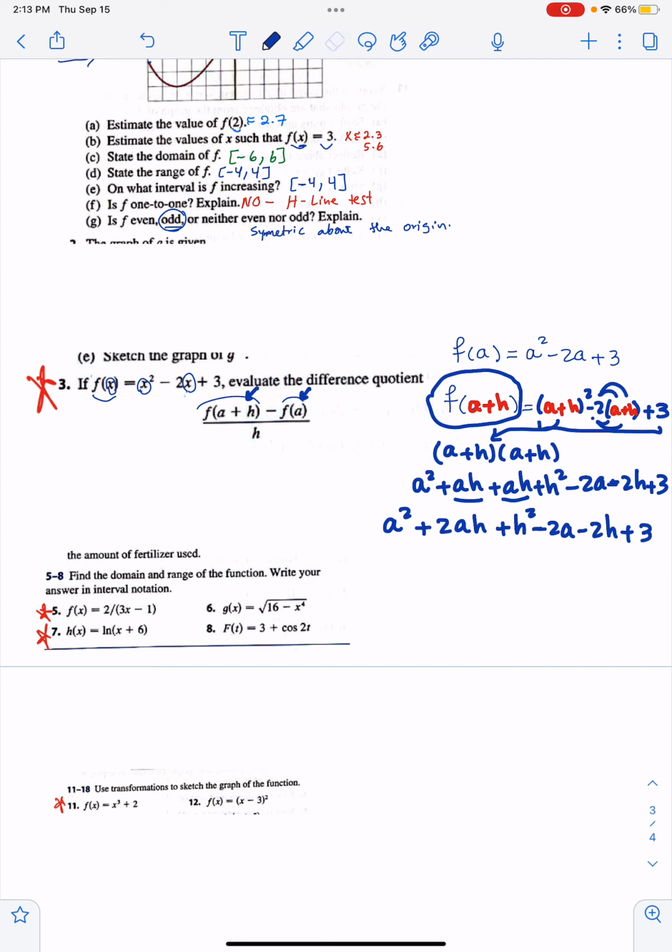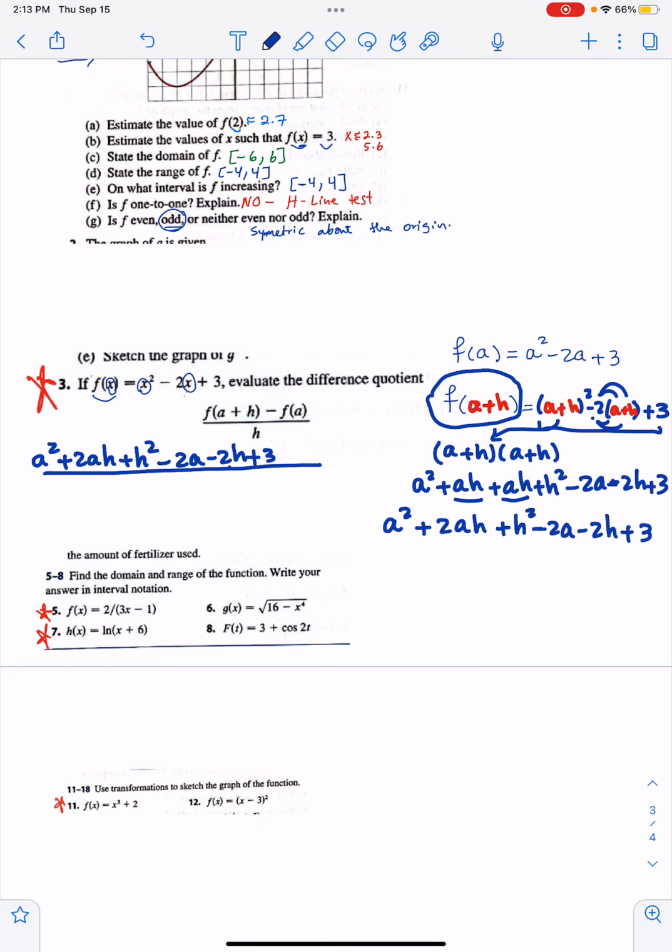Now all I need to do is substitute them in the formula. So I'm going to make a big fraction line. Let's replace f of a plus h by its equivalent right here. That would be a squared plus 2ah plus h squared minus 2a minus 2h plus 3.